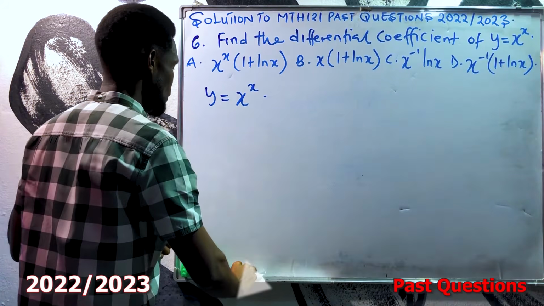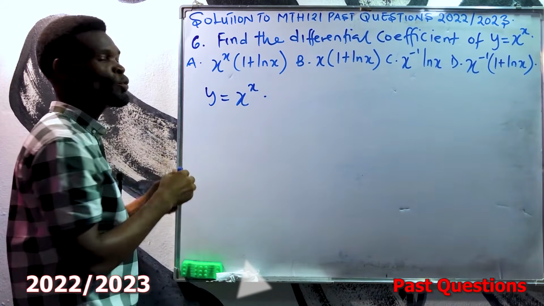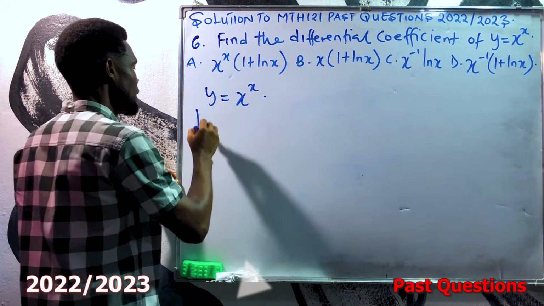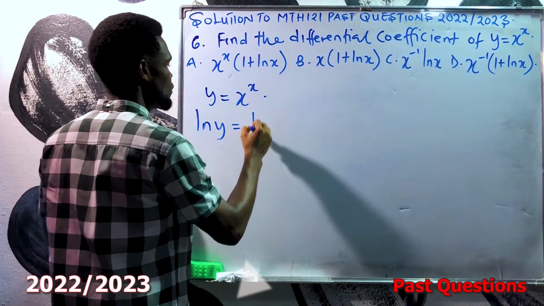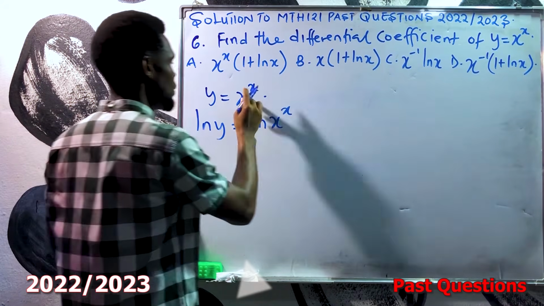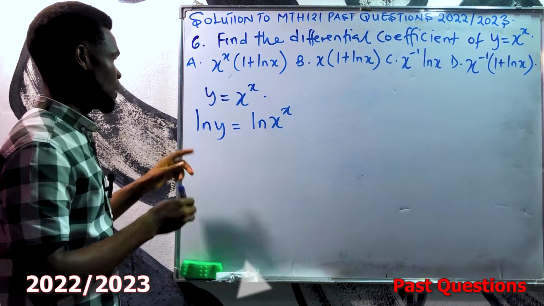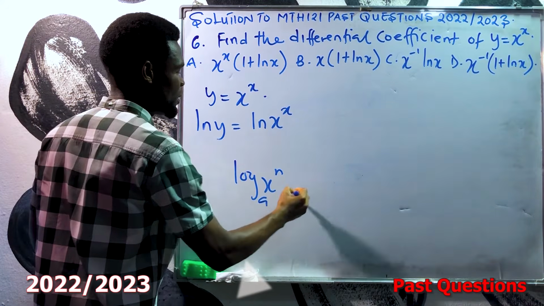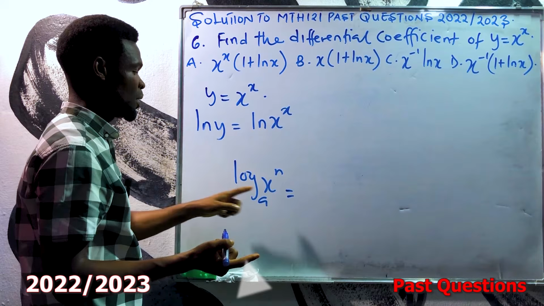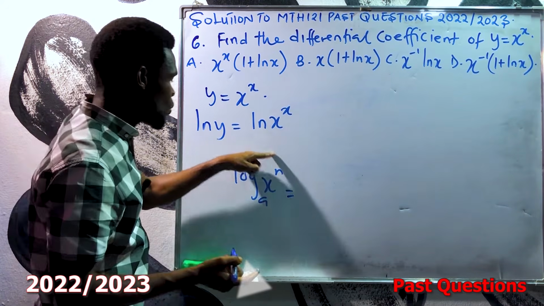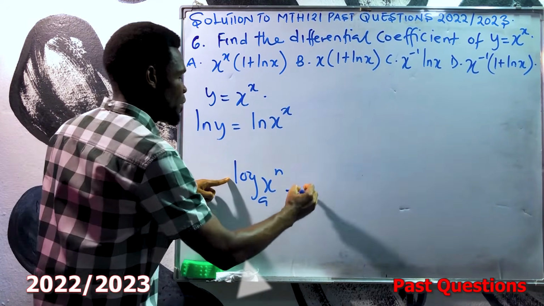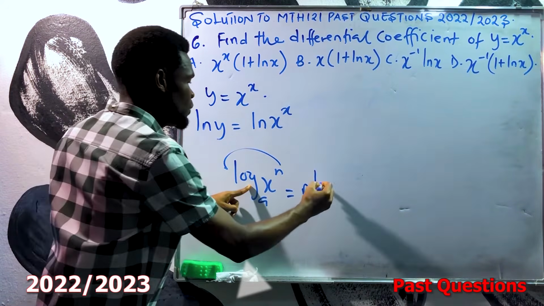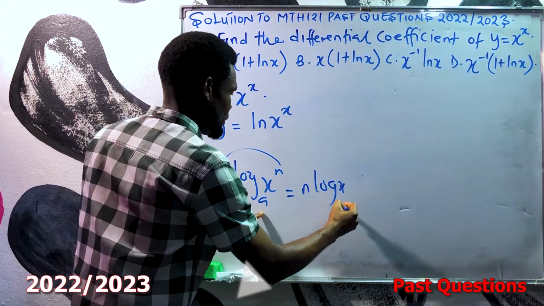All right, we go. So what do we do? Step 1, take the ln of both sides. So we have that ln y equals ln x raised to the power of x. You know that if you have log x raised to power n base a, from the laws of logarithm, the power will come to the front of the log, and you'll be left with n log x base a.